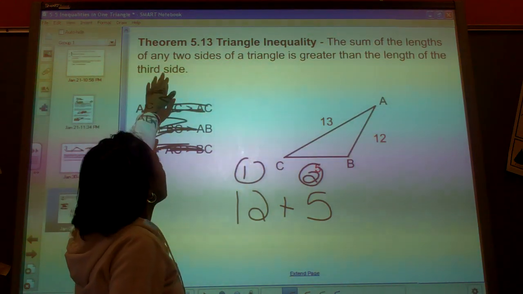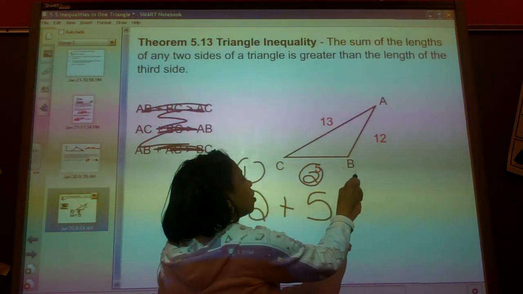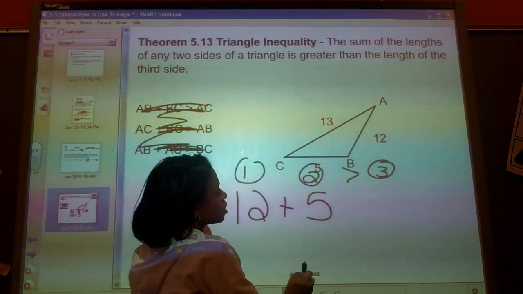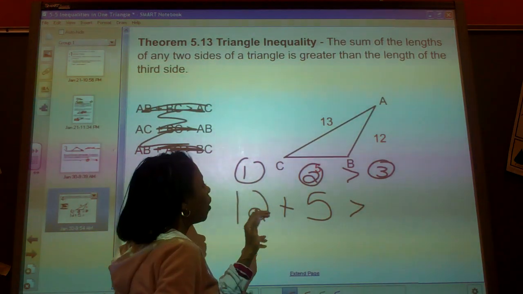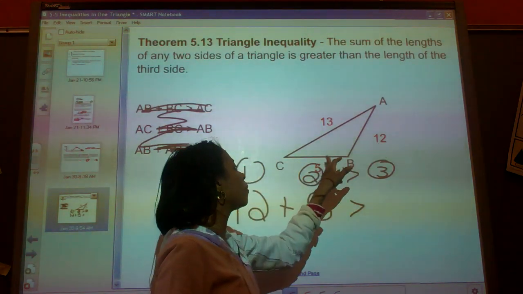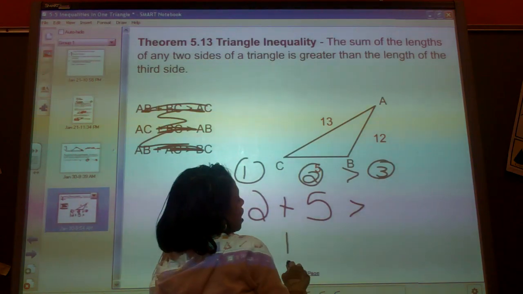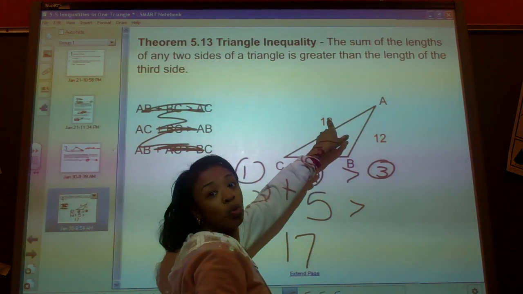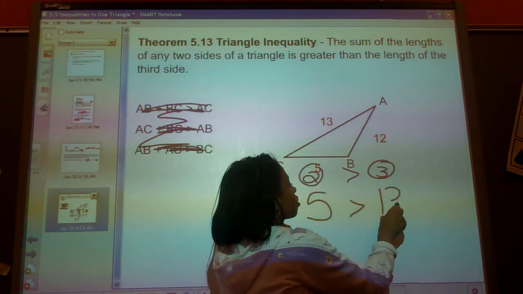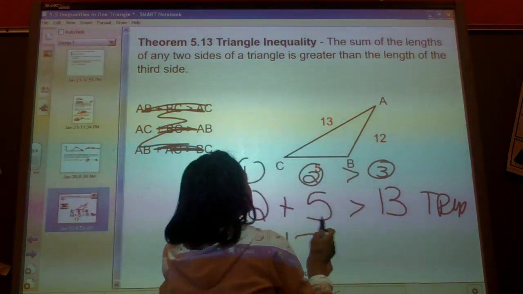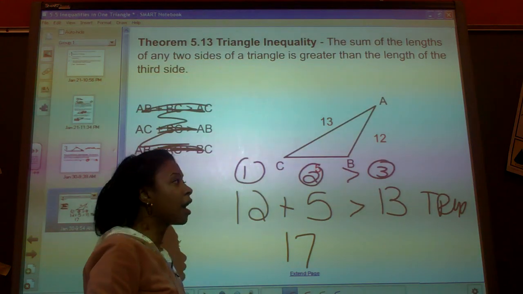The rule is saying that two sides have to be greater than the third side in order for this to be considered some type of triangle. Well, let's look here. 12 plus 5 is equal to 17, and that is greater than the third side, which is 13. So because this statement is true, that means that triangle ABC is a triangle.